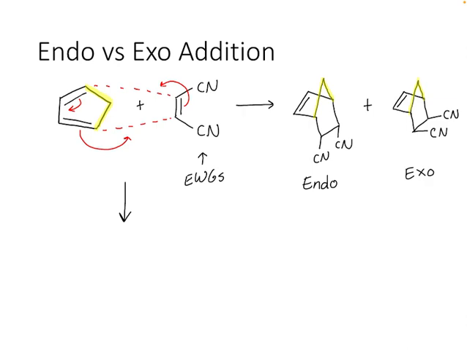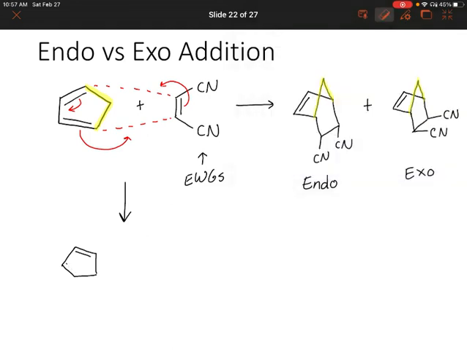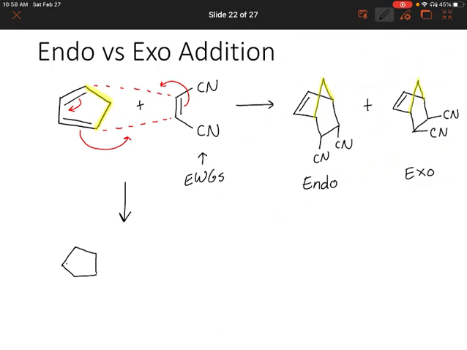So it's almost like a UFO coming in to beam up the dienophile. So let's see if I can draw that well enough so that it's easy to see what's going on. Oh, and actually, I'm going to draw these double bonds a little differently.